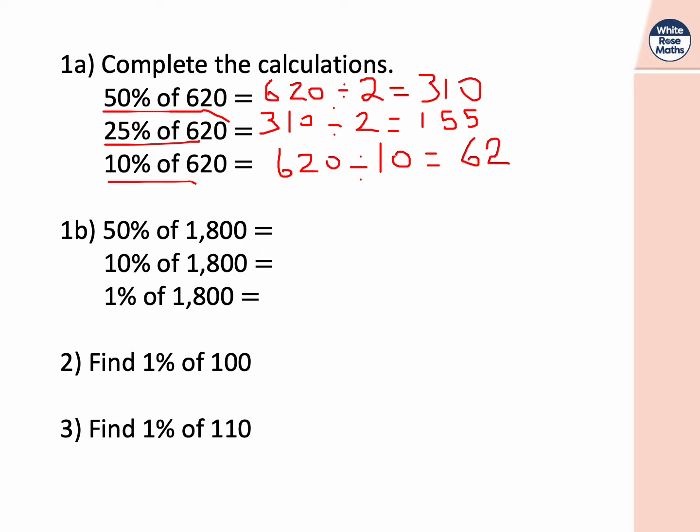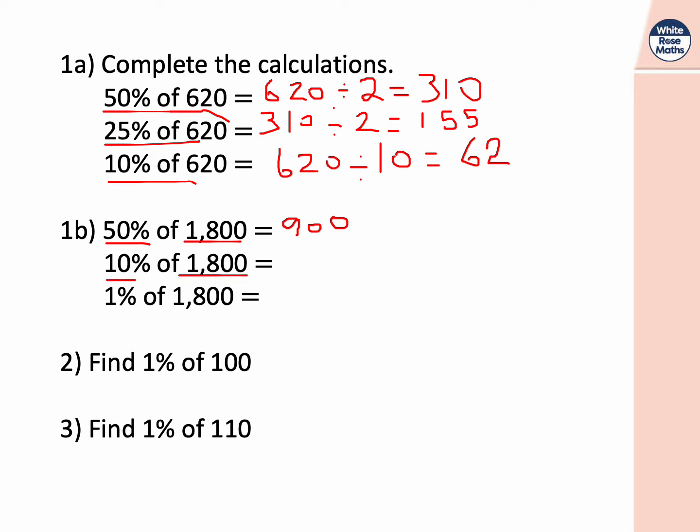For part B, 50% of 1,800, well, I divide it by 2, so I get the answer of 900. Half of 1,800 is 900.